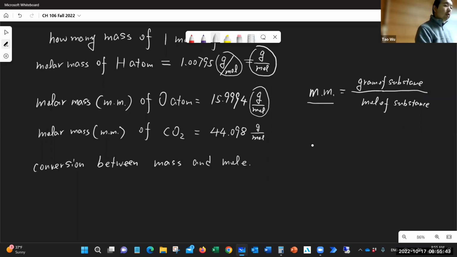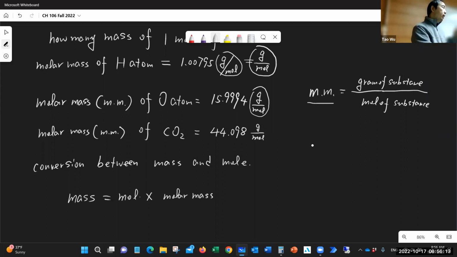So if you want to figure out the mass, which is on the top part, mass should be equal to molar mass multiplied by mole. Mass equals mole times molar mass.